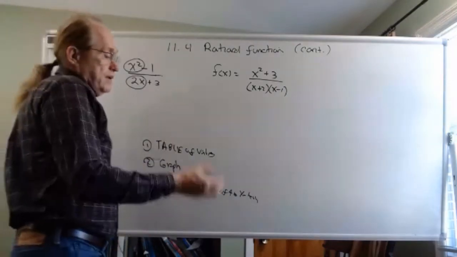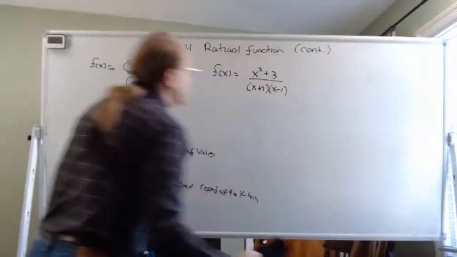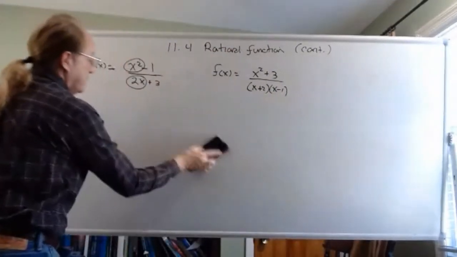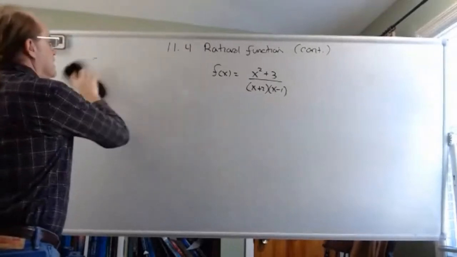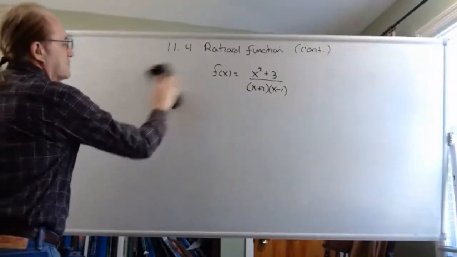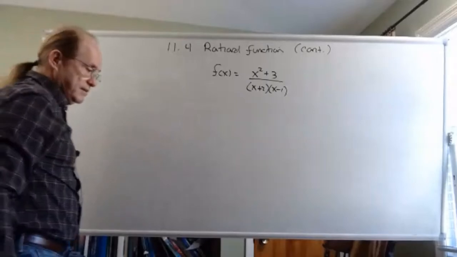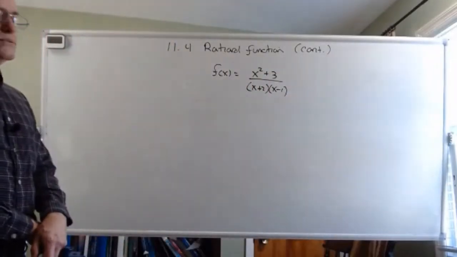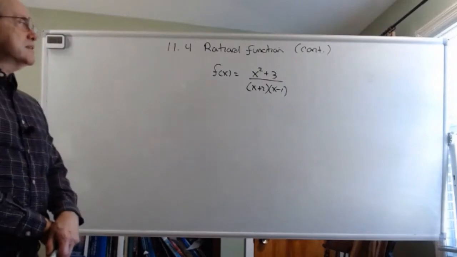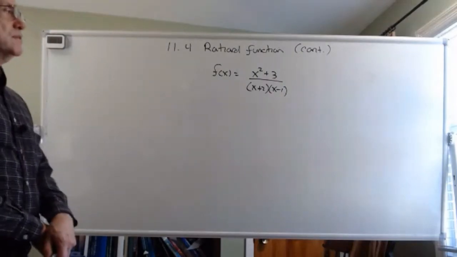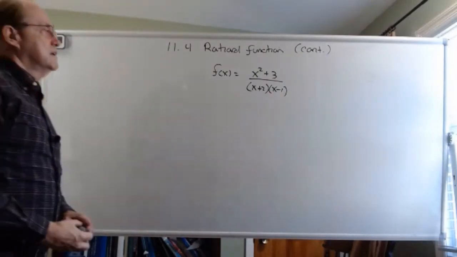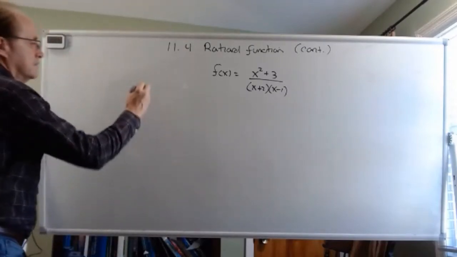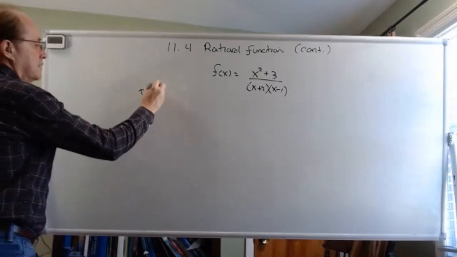Find out, are they indeed vertical asymptotes or not? And then test for any possible horizontal asymptotes. So try that on your own. You can either use Desmos or your calculators. I'll give you a couple of minutes to analyze that. The first thing is the domain.